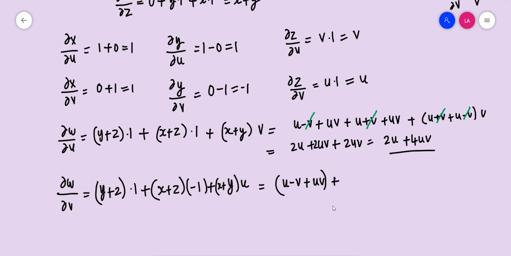Next is plus, no, minus x plus z times minus, x plus z. Okay, so here we can add minus.